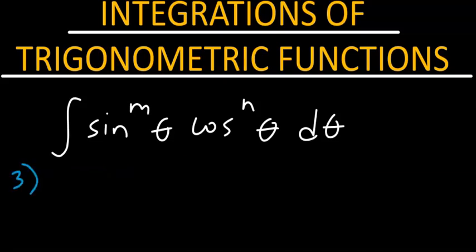Case number 3. m and n are both even. They are even numbers.